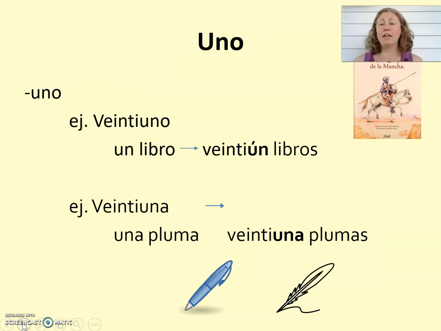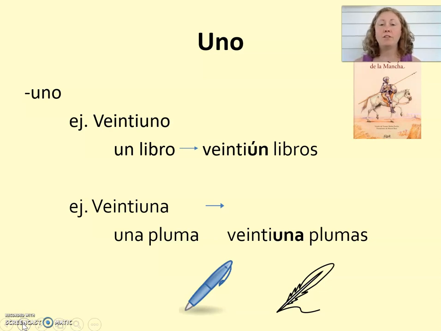I would like to say a couple things about the number uno, because what happens with the number uno is that if you have it before a noun, the gender of uno actually matters. Take this example, 21. So we have the number 21 with uno at the very end of it.